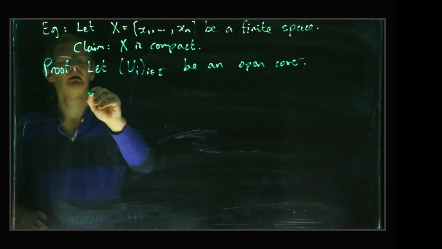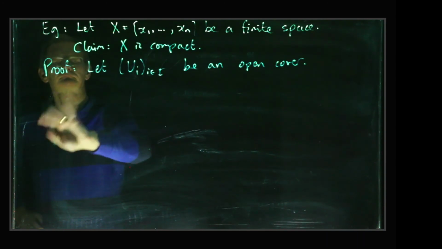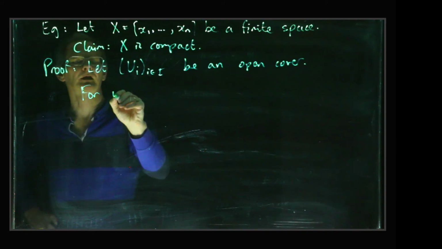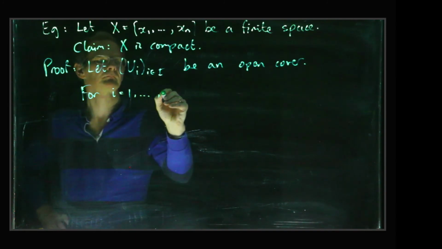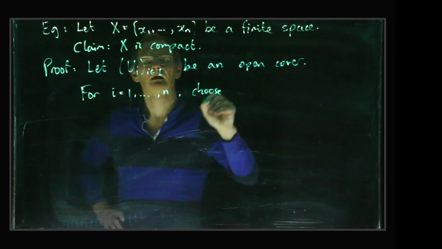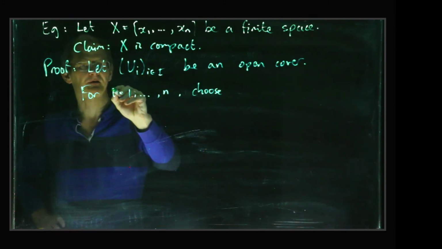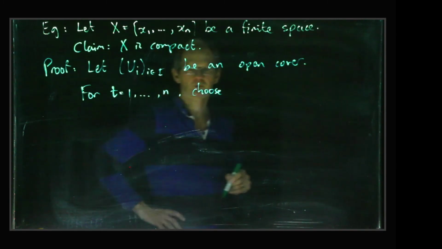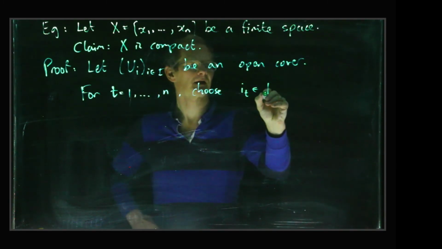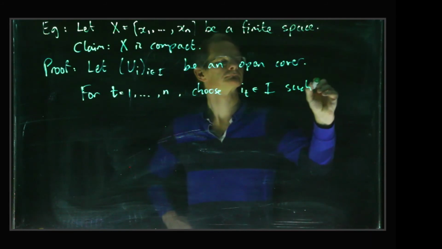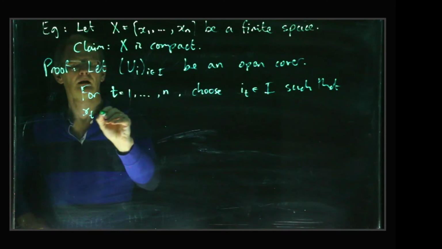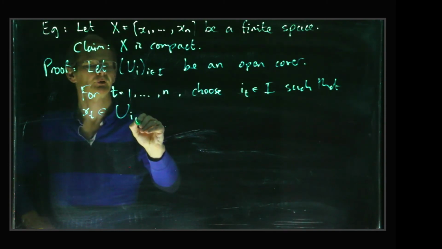Okay, so let's say the space is {x_1, ..., x_n}. Let's call this t. For t from 1 up to n, we're going to choose some i_t in the index set I, such that x_t lies in U_{i_t}.